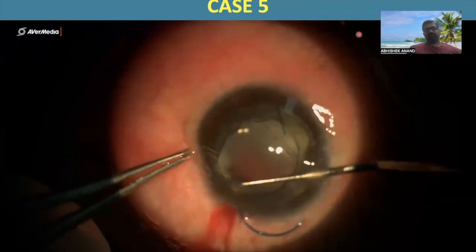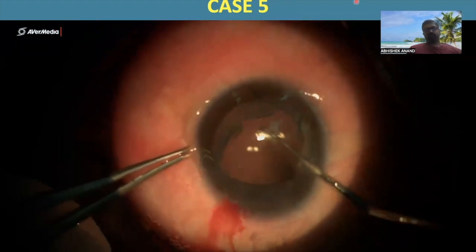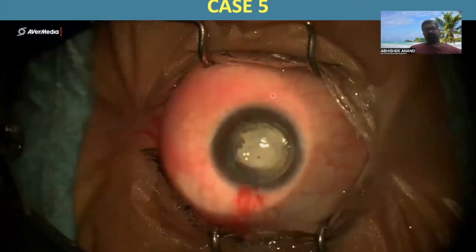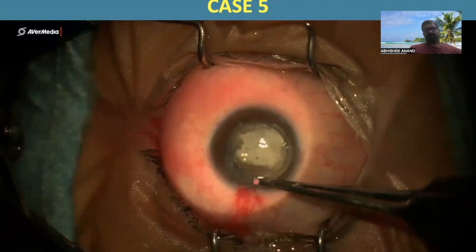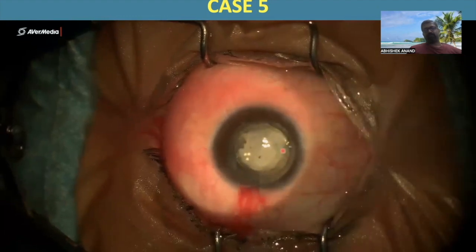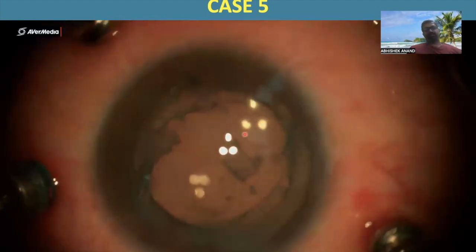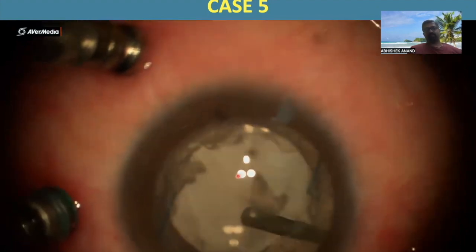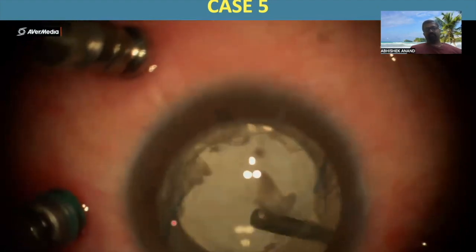I am 100% sure how to go about it. First of all, I ensure the good centration of the IOL. Now, this is a very important step. This is the step where you can hand over to a retina surgeon if you have a posteriorly dislocated nucleus: you put an IOL in the sulcus and suture the main port.